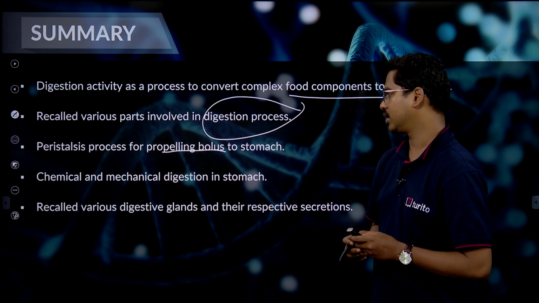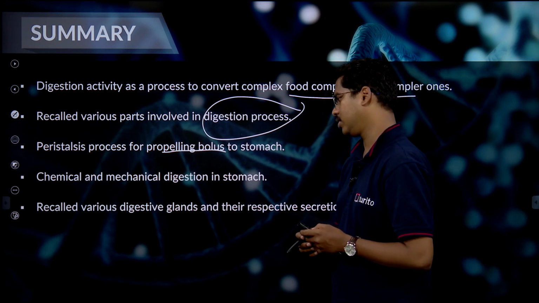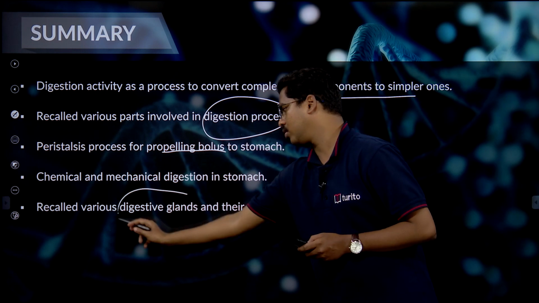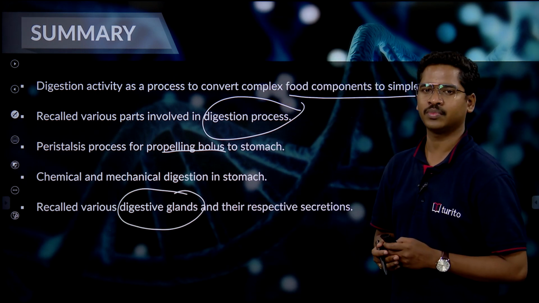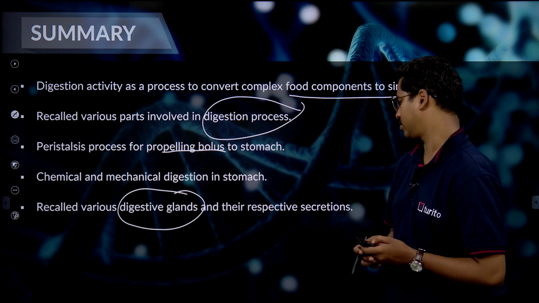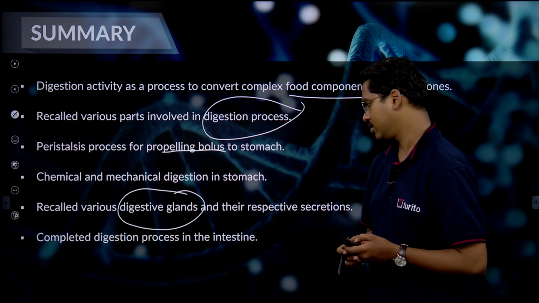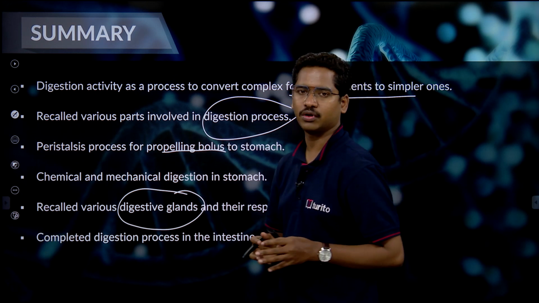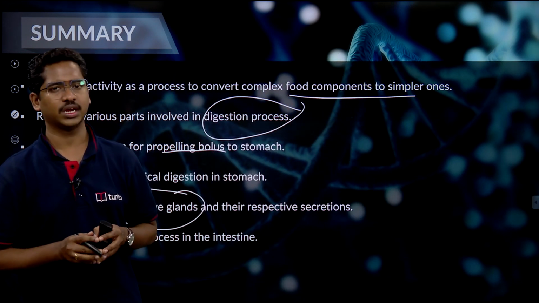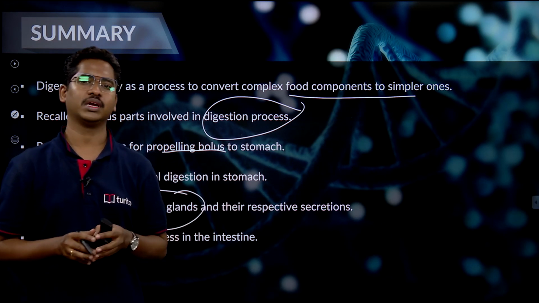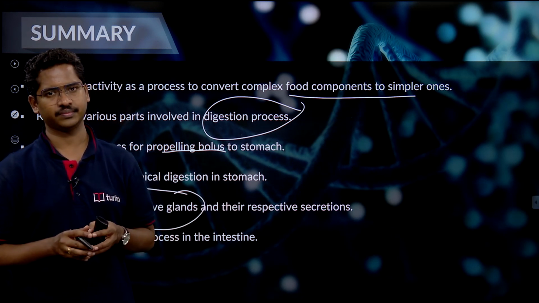Then we looked at the chemical and mechanical digestion in the stomach, following which we recalled the digestive glands and their respective secretions, which help in the process of digestion. Following which we looked at the complete digestion process, how food gets absorbed in the small intestine, and how the undigested food gets ejected out of the body, right.